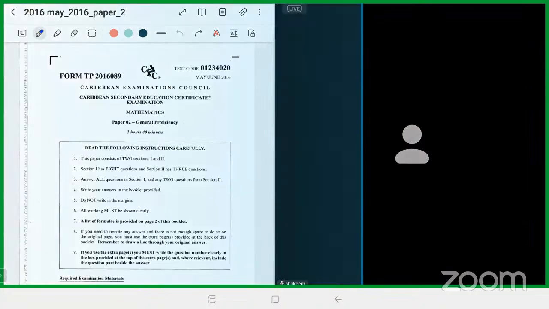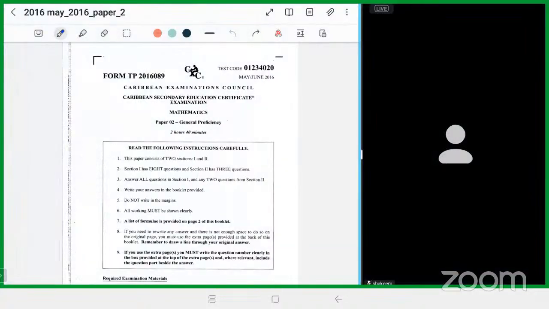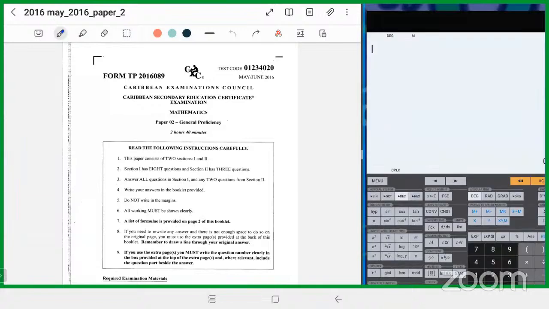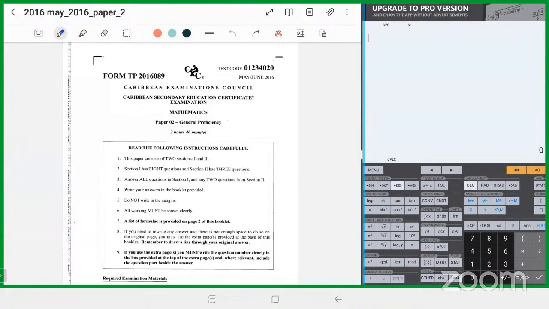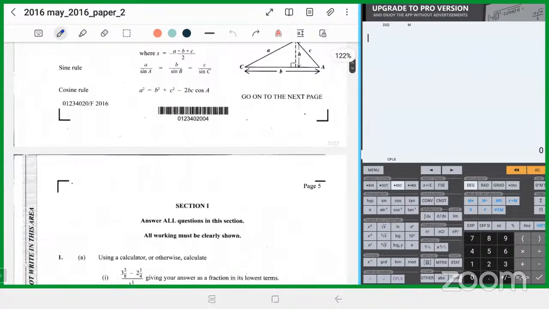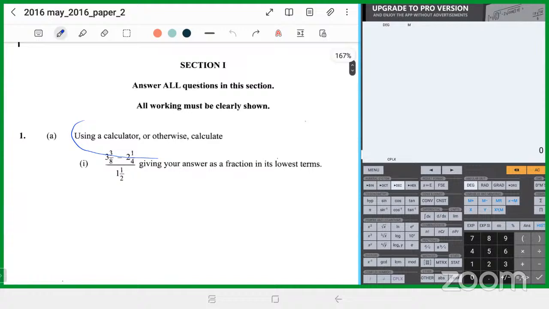Let me leave this part of the screen because I might need to use a calculator in the first question here. The first question you were to do was number 1, right here. These are our usual calculator questions, guys.